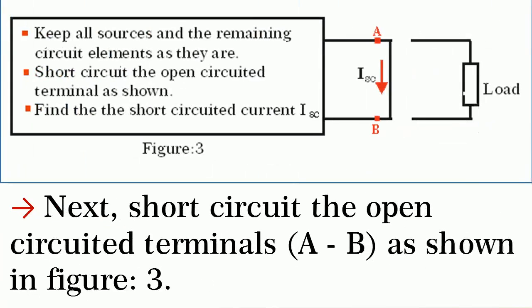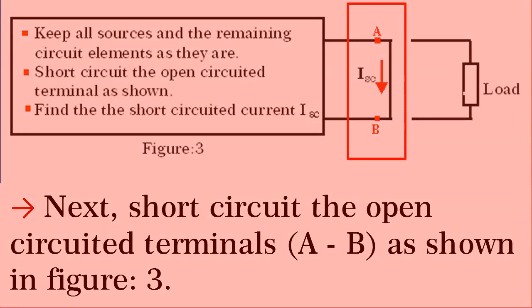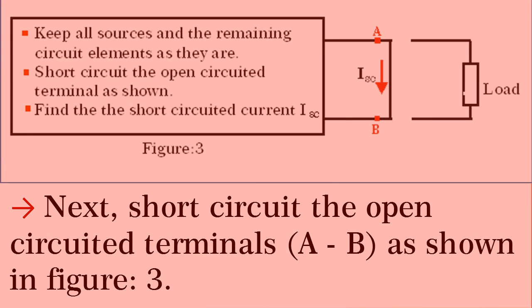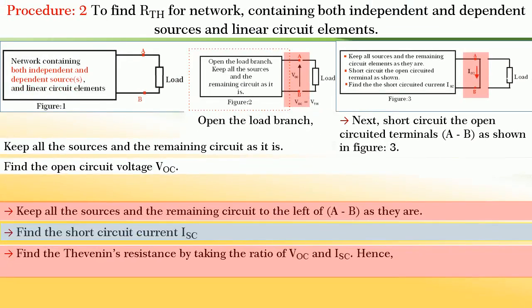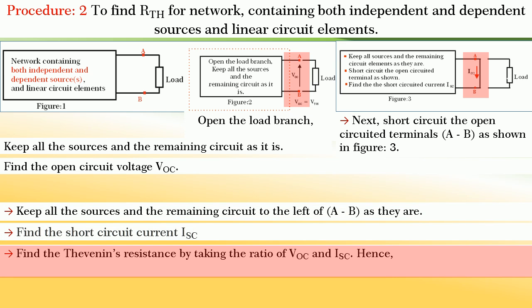Next, short circuit the terminals A and B as shown in figure 3. Keep all the sources and the remaining circuit as it is and find the short circuit current ISC. Once you find VOC and ISC, Thevenin's resistance can be found using R Thevenin equal to VOC upon ISC.